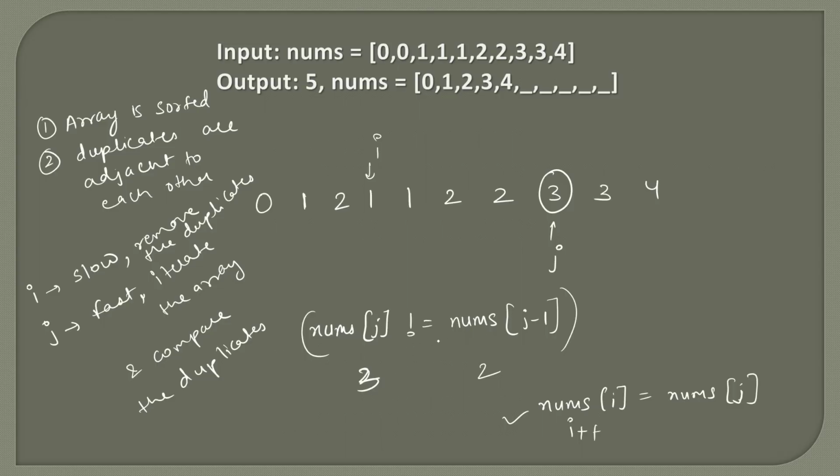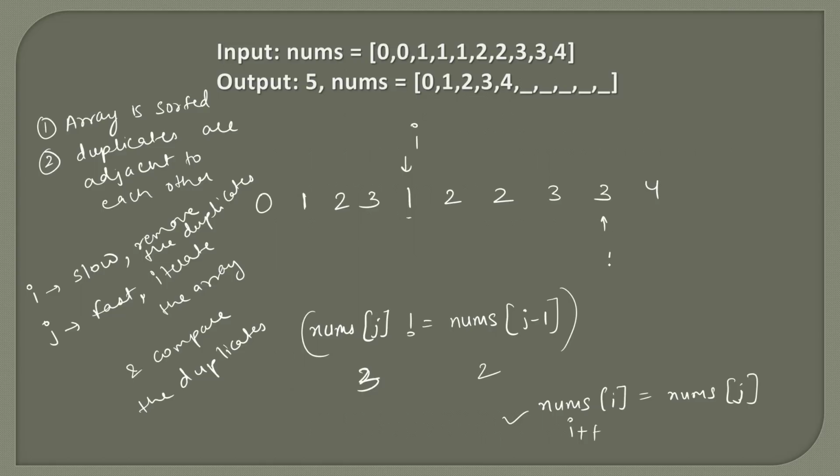The correct place for this 3 is that we assign the value at jth index to value at ith index. So this 3 comes here, this 1 goes away. After this assignment we increment i because the next unique element should come here. So i moves here.